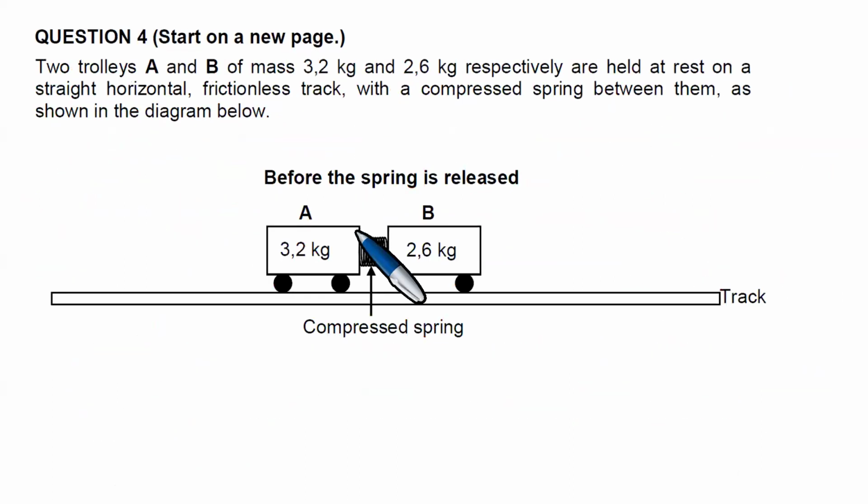Question 4 on momentum. Two trolleys A and B of mass 3.2 kilograms and 2.6 kilograms respectively are held at rest on a straight horizontal frictionless track. Okay, and these are held at rest, right? And it is frictionless, right? With a compressed spring between them, as shown in the diagram below.